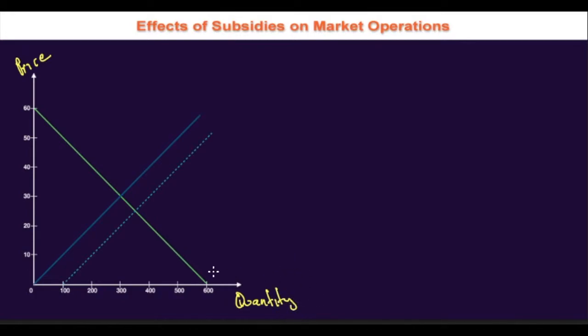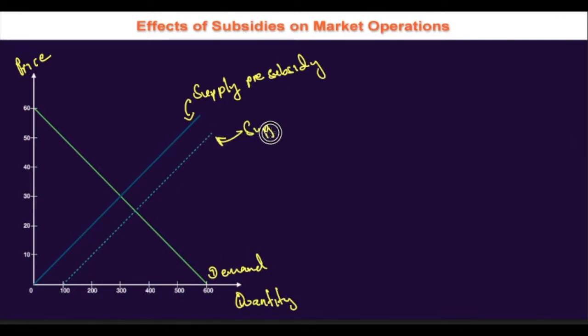So here we have the demand curve. This one would be demand. And as you can see, this was supply pre-subsidy, and this would be supply post-subsidy.